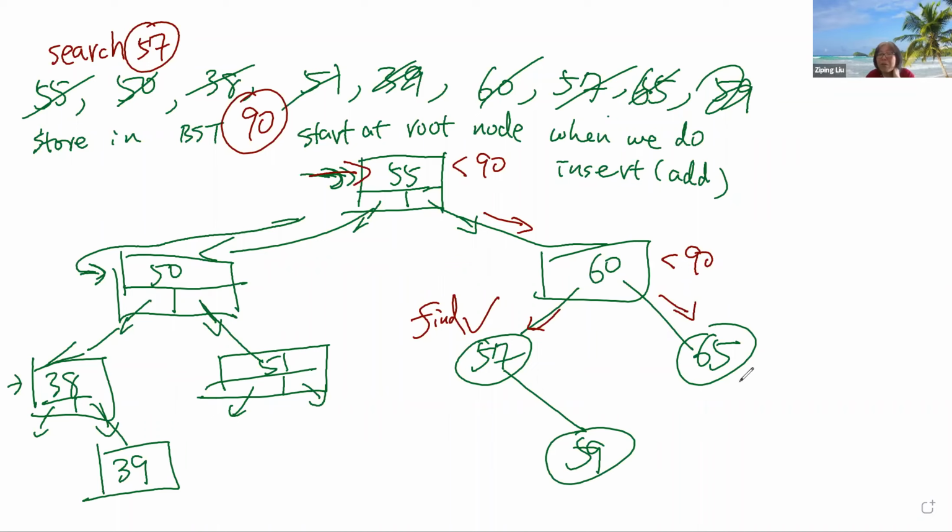It's greater than 65, so you go to right. But the right is a null node. So that means this one doesn't exist in this tree. So that's how we do search in the binary search tree.